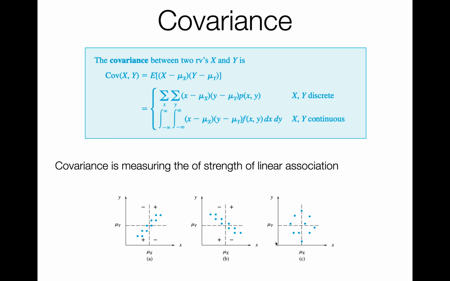It's the expected value of x minus the mean of x times y minus the mean of y. There's no real easy way for me to describe why it is the way it is. It's easier to just believe it and use it. Below they give you how to calculate that. Again, we're going to skip over that.